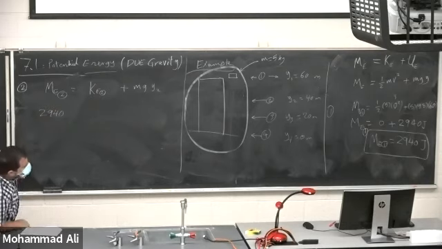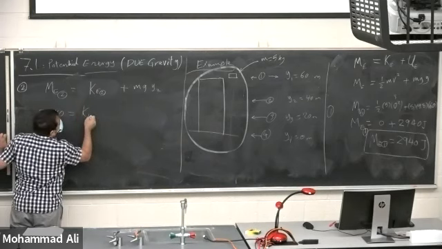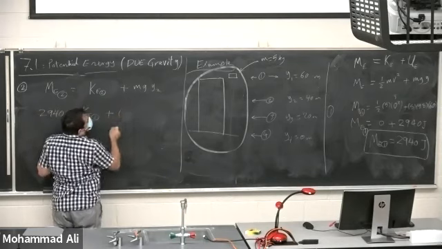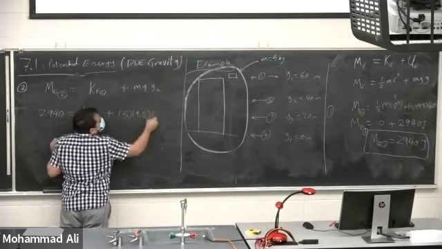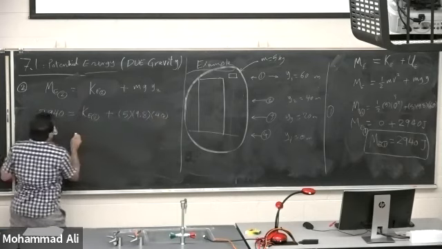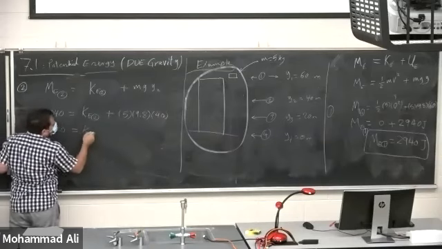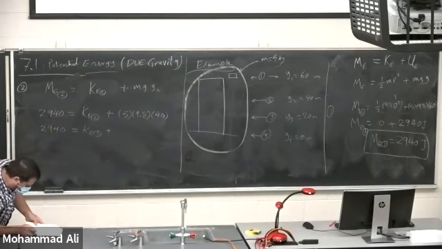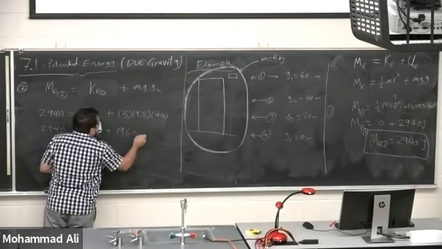Right? Yes. Which is equal to the kinetic energy at point number 2 plus m, which is 5, g 9.8, y which is 40 now. So it is equal to the kinetic energy at point number 2 plus how much? This number is 1960 joules.